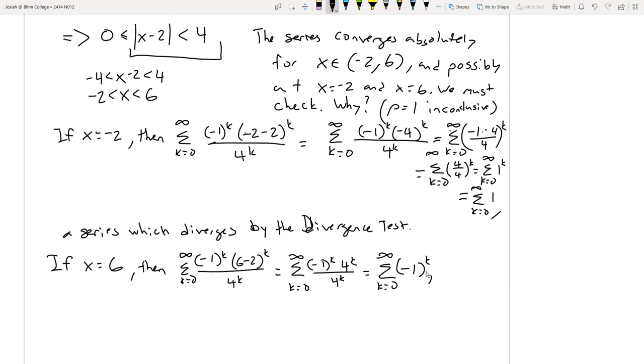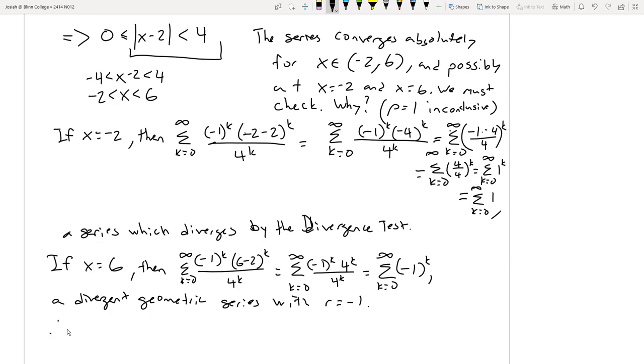If k is even, then we get plus 1 as our limit. If k is odd, we get negative 1. So the limit doesn't exist. Or we could just say a divergent geometric series with r equal to negative 1, right? That's another case for divergence here. So we'll also leave out 6. So the only part of our interval that works is the interior here, from negative 2 to 6, exclusive.